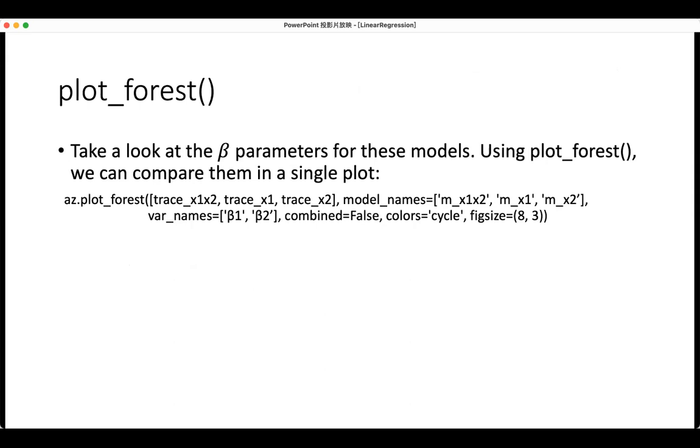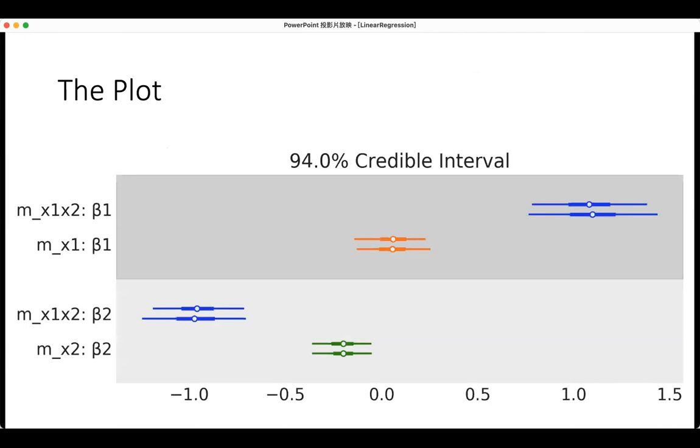And then we try to plot the forest. We know we can use the forest plot to compare results of different models, right? So this is the result of the x1, x2, and x1, and the x2.